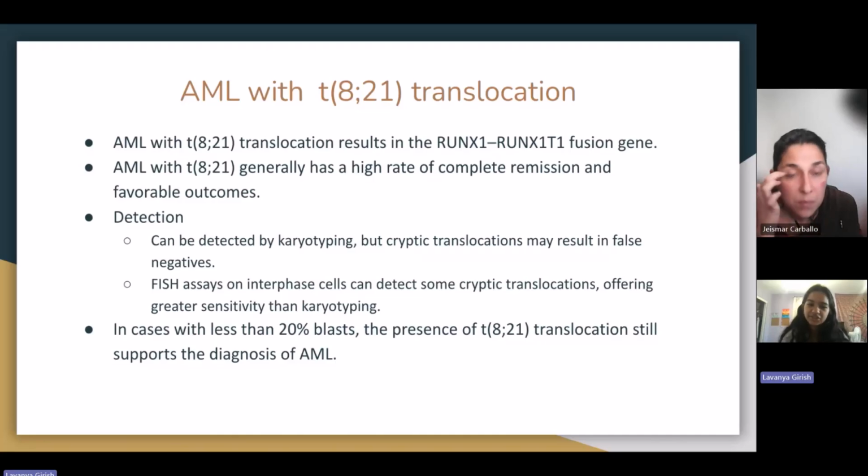In terms of detection, it can be detected via karyotyping, but cryptic translocations may result in false negatives. FISH assays on interphase cells can detect some cryptic translocations, offering greater sensitivity than karyotyping. In cases with less than 20% blasts, the presence of the t(8;21) translocation still supports the diagnosis of AML.